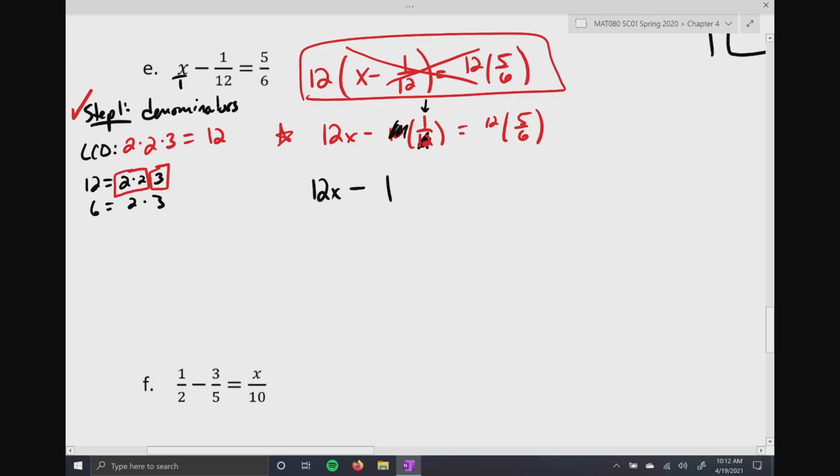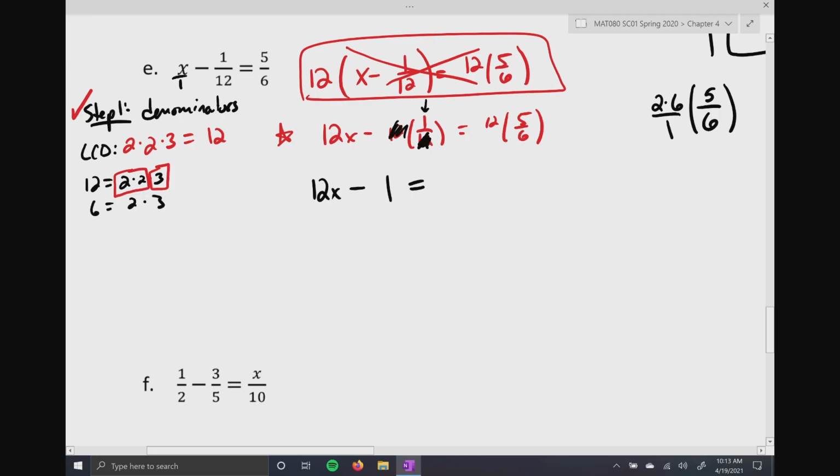Now, on the right-hand side of the equal sign, you have 12 times 5 over 6. Now, what I was shown the other day is this. I'm going to rewrite the 12 as 2 times 6.